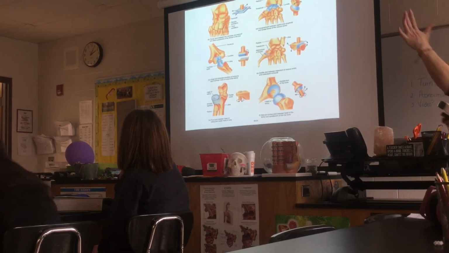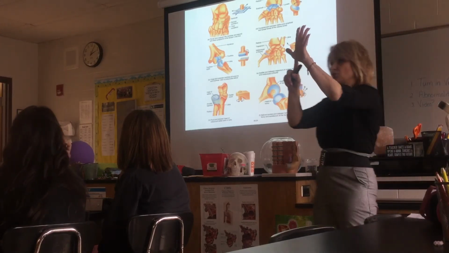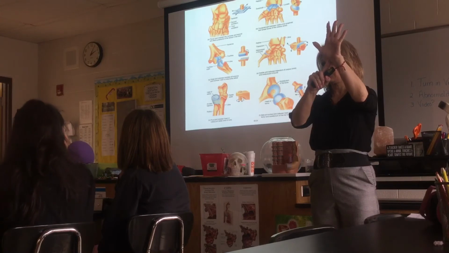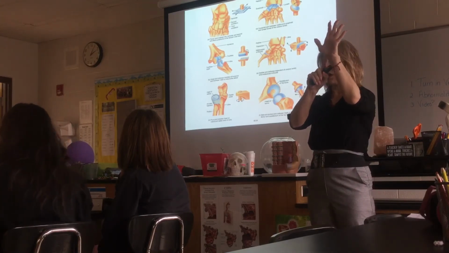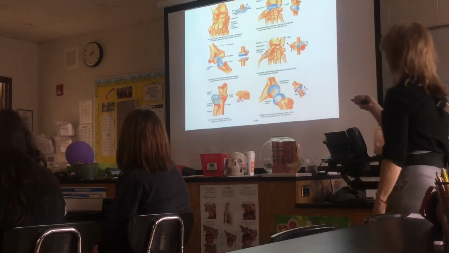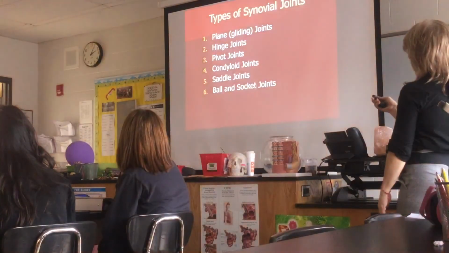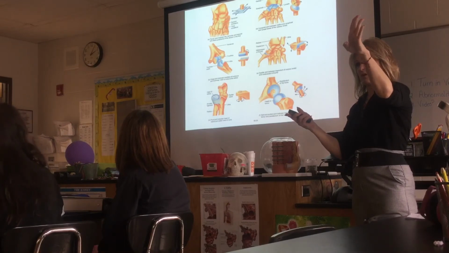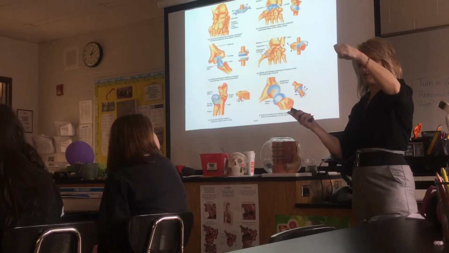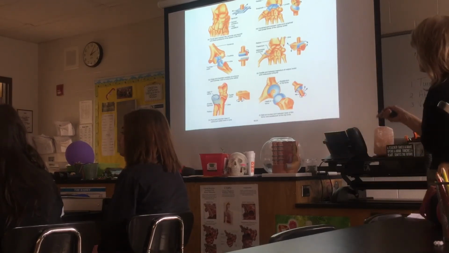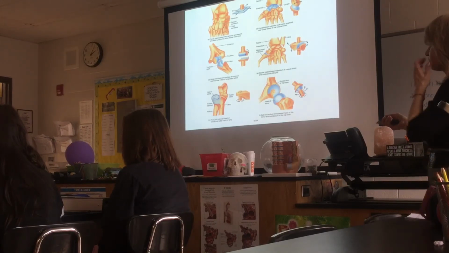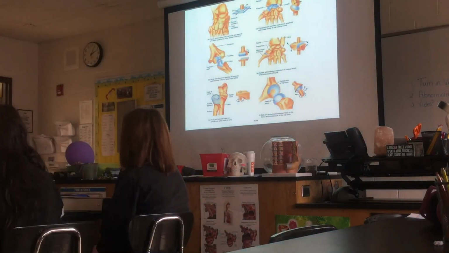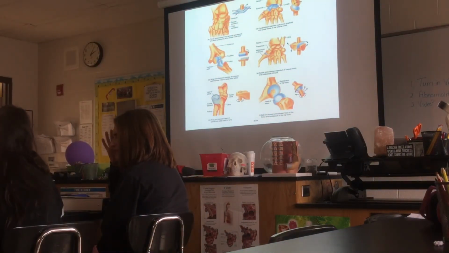Saddle joint, between the thumb, so the metacarpal of the thumb and the first carpal, which is called the trapezium. It allows your thumb to sort of make this movement, crossing over, giving the thumbs up because of this saddle joint. Pivot joint, the head of the radius and the radial notch of the ulna.